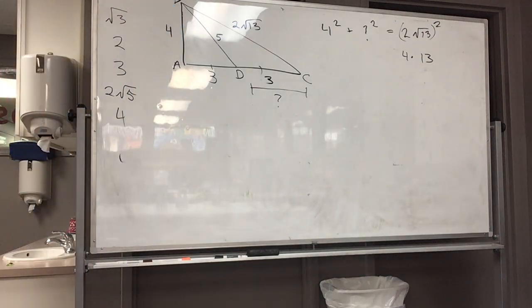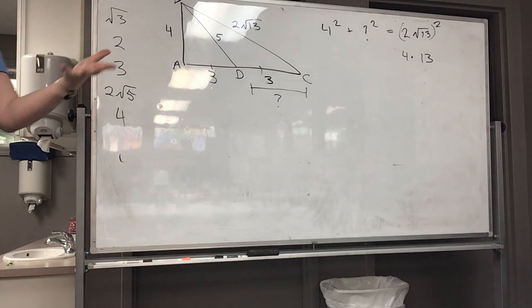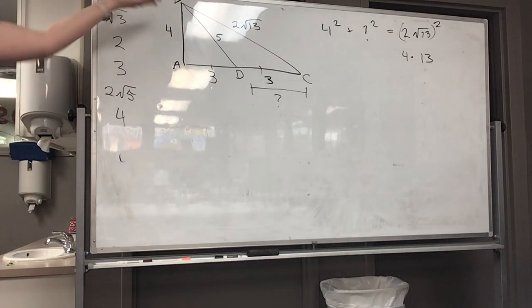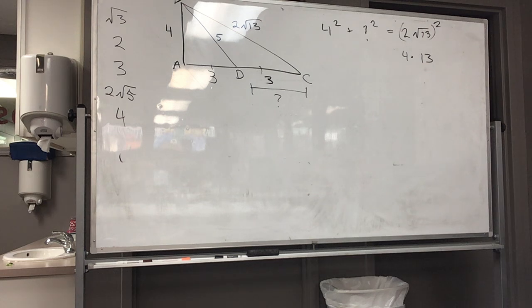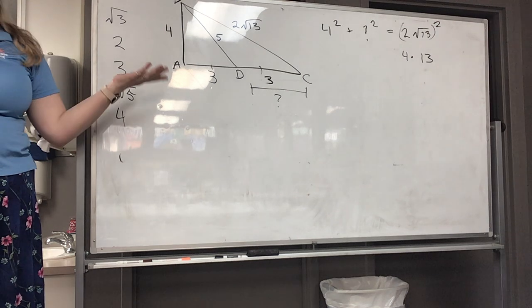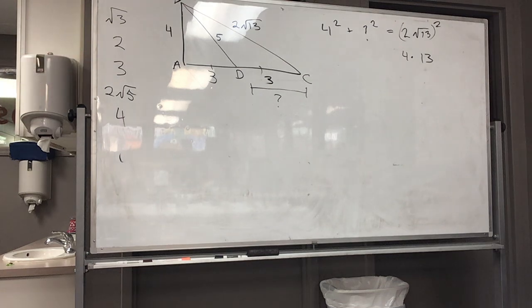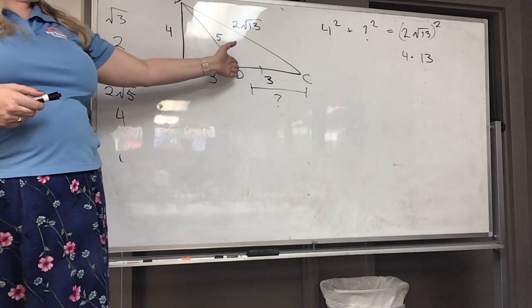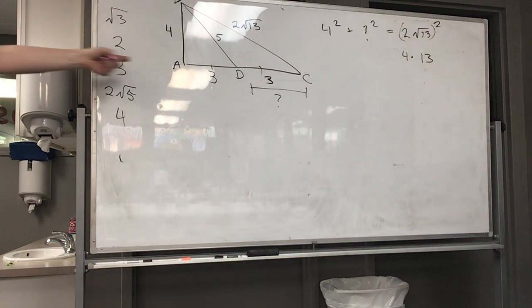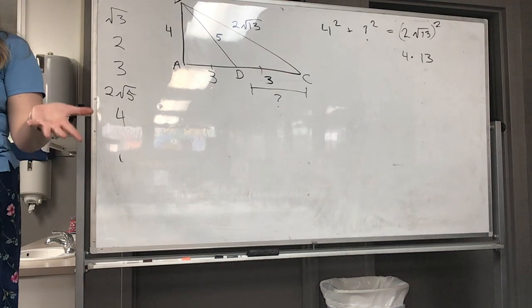And so if you ever have to deal with a square root in pieces like that, that's what's going to happen. The square happens to the normal number part. The square cancels out the square root part. And so you take 4 times 13, and then you subtract 16, sorry, losing track of things. And then you'd end up with 36. Square root that and get 6, but then you have to take half of it in order to get that piece. So, a lot faster to go for this way, possible to get the right answer either way.